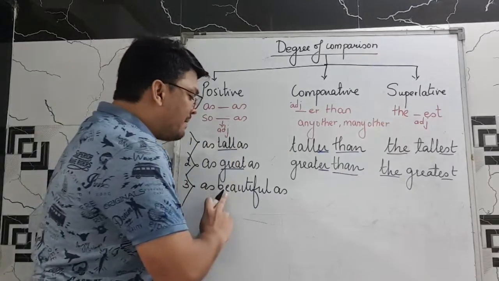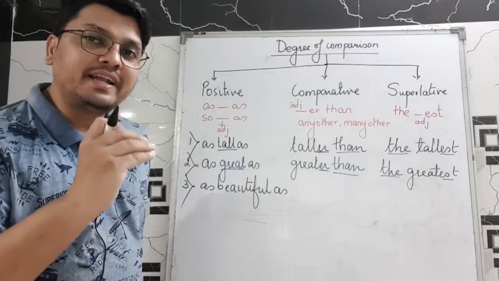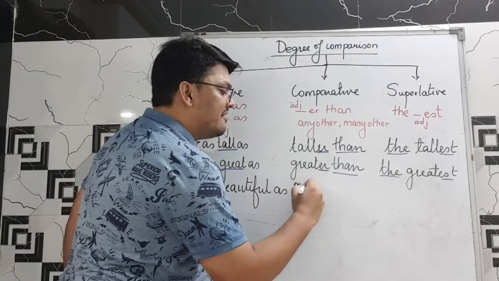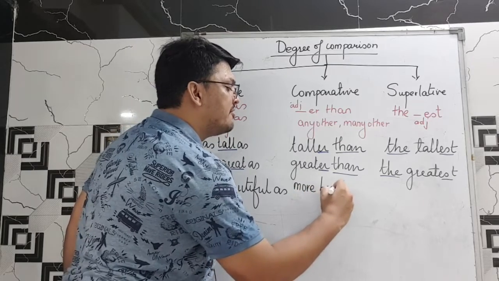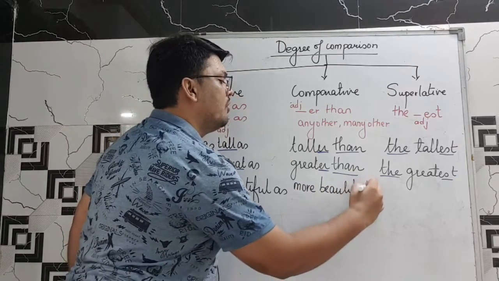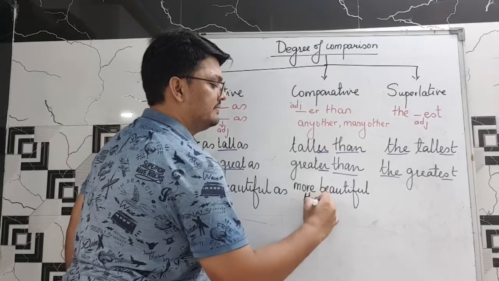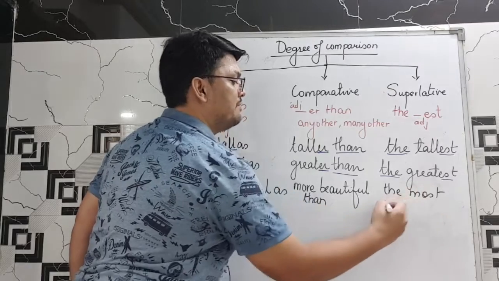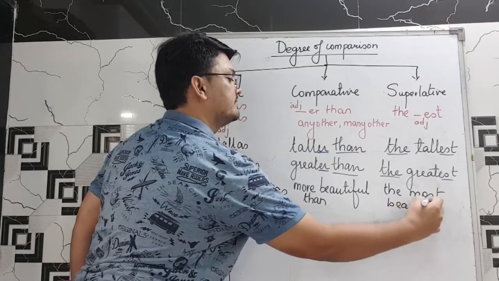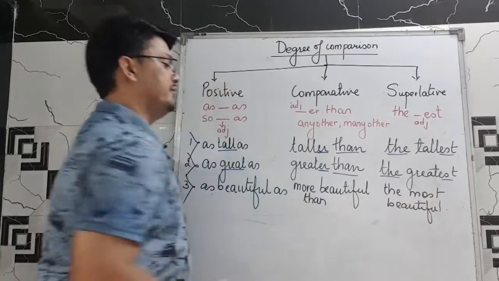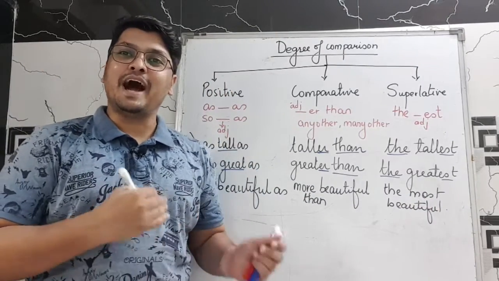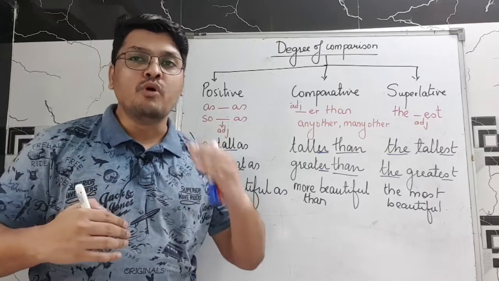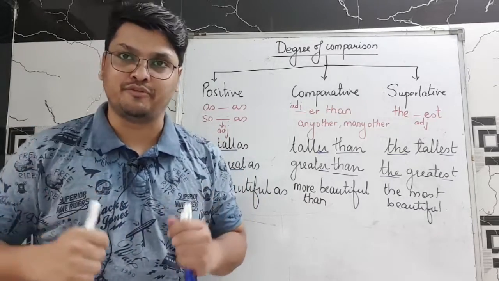If you come across an adjective that has two or more syllables, in comparative degree we add more beautiful than. And here in superlative it will become the most beautiful. More beautiful. So you can see how adjectives with two or more syllables turn into more beautiful and most beautiful.